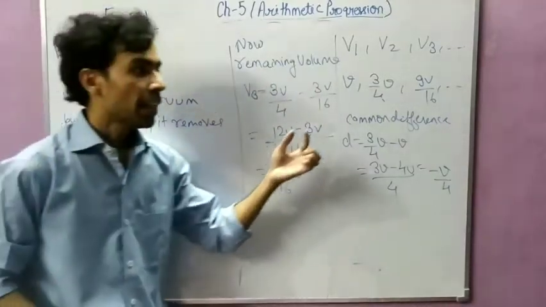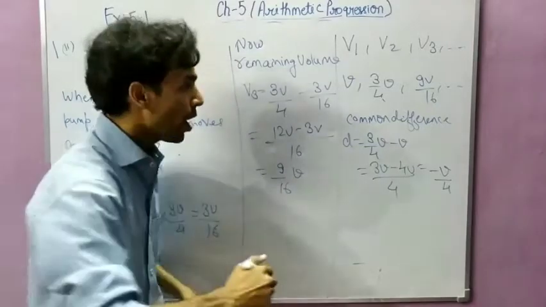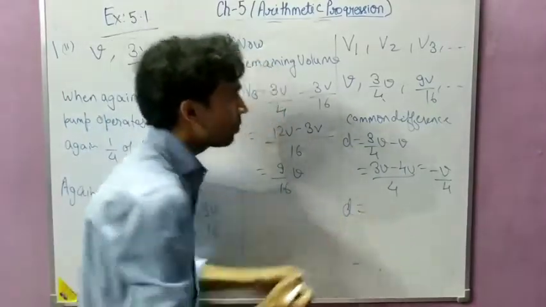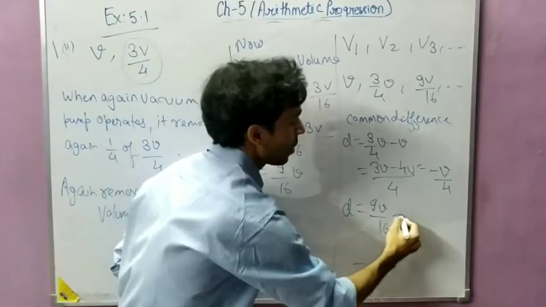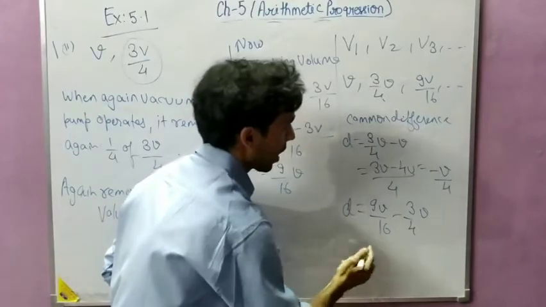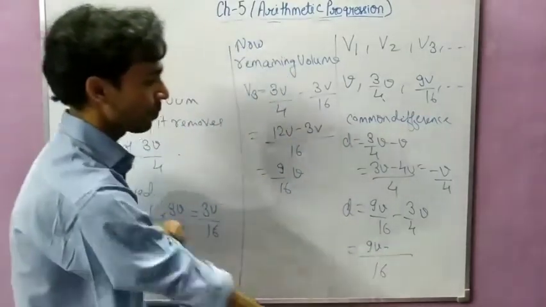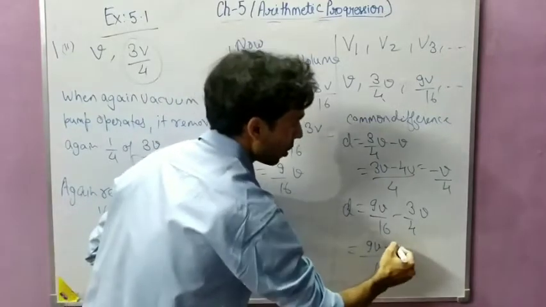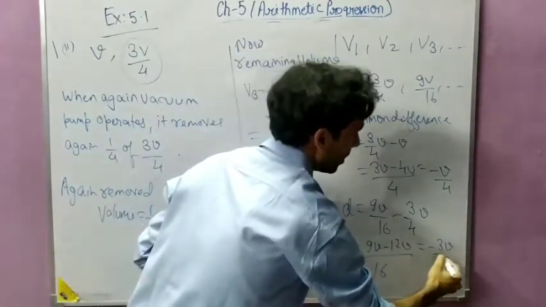So if we take the first two terms, the common difference comes minus V by 4. Now again the common difference can be calculated by this minus this. So 9V by 16 minus 3 by 4 V. So again LCM is 16. So 9V minus how much? 4 3s are 12V. So minus 3V by 16.